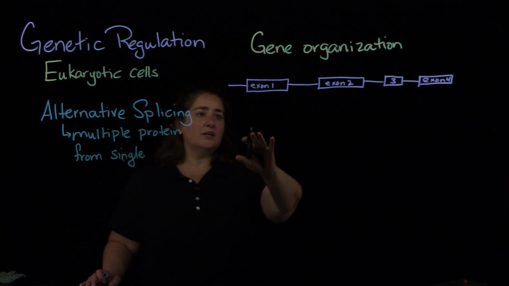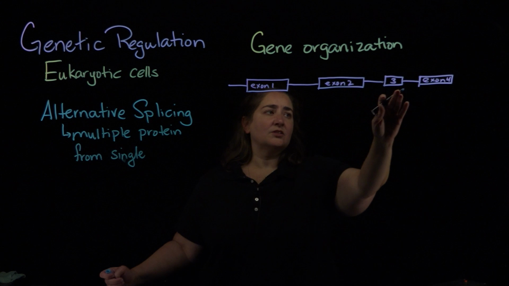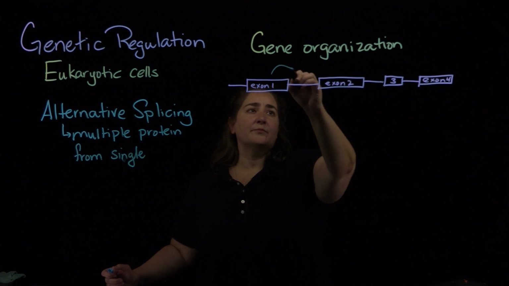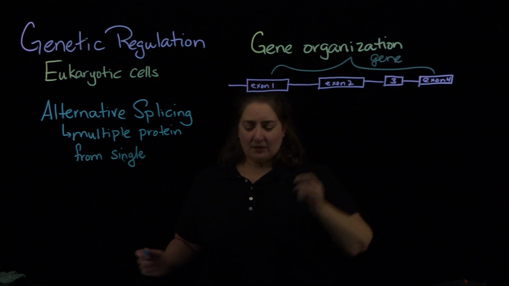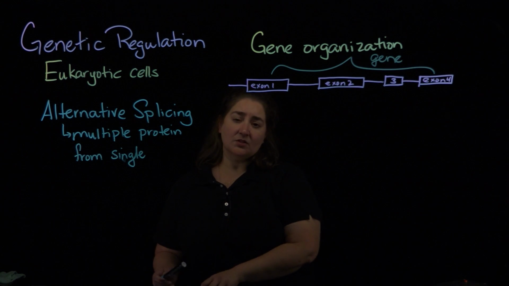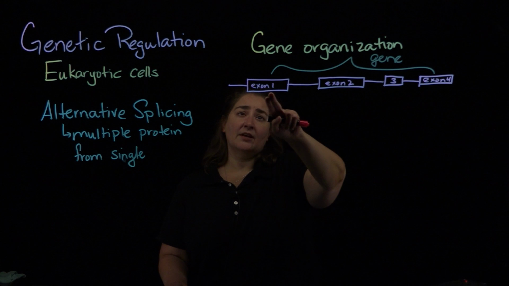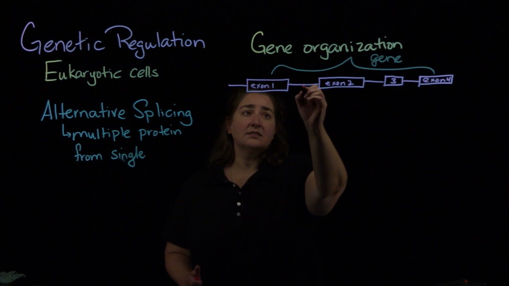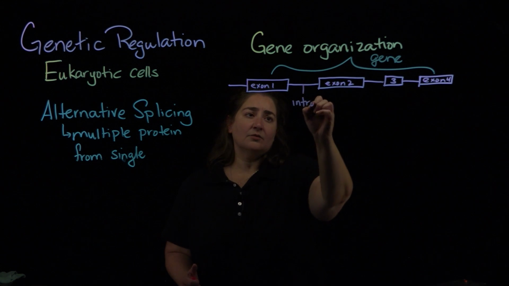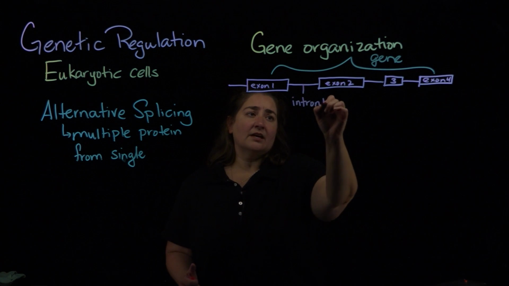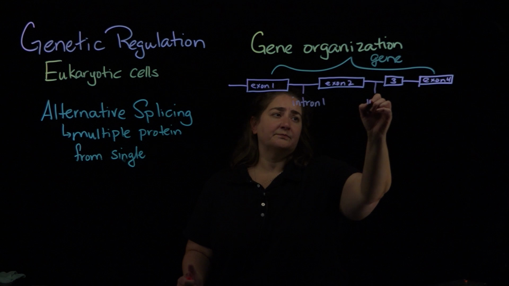So what I have up here with exon 1, exon 2, exon 3, exon 4, this is going to be our gene. Because with eukaryotic genes, the way they're organized, you're going to have areas that are exons, and then you're going to have intervening regions that are introns.